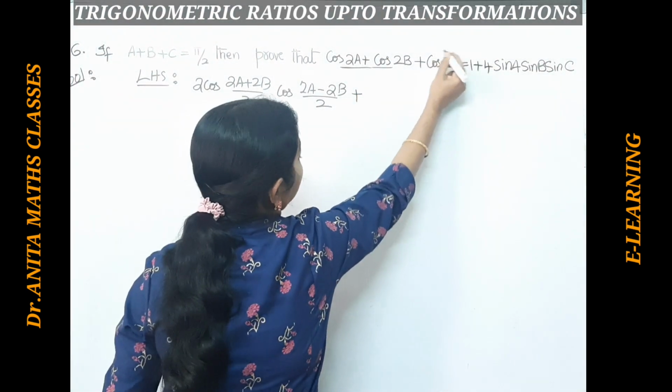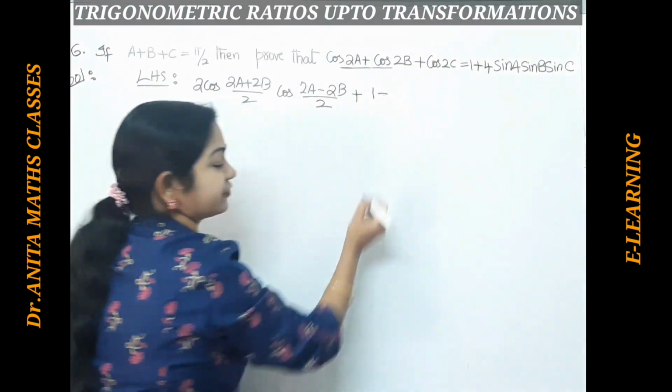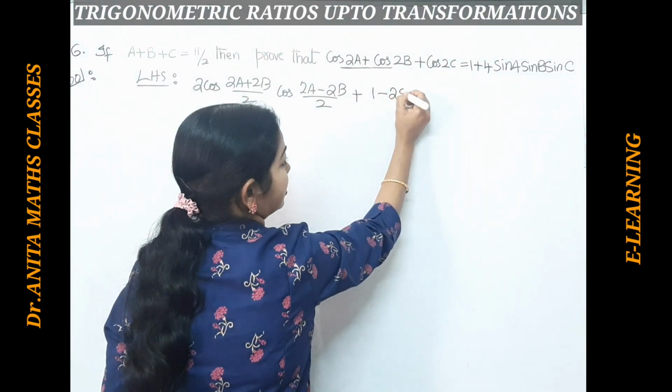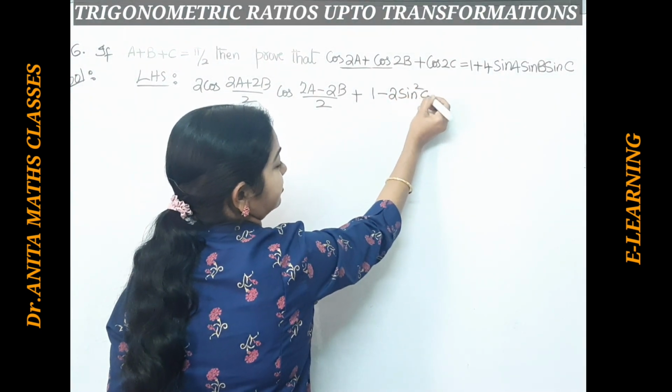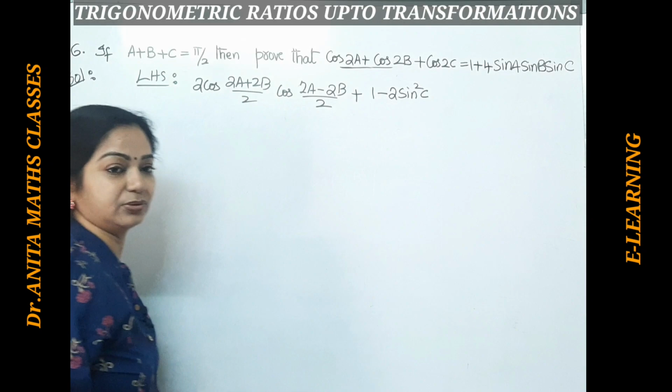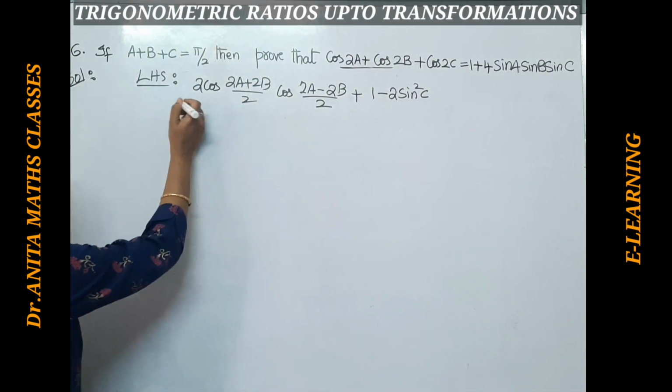Again we have cos 2C. This cos 2C in terms of sine we will write as 1 minus 2 sin square C. Here 2C, so C only we have. That is the submultiple angles formula.